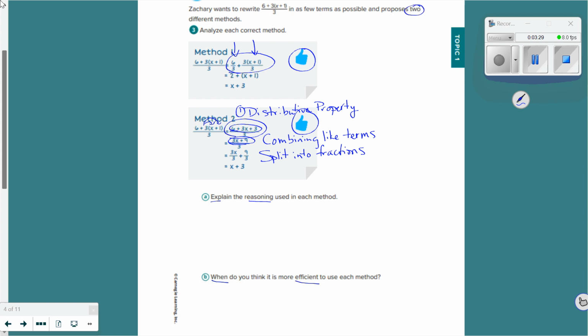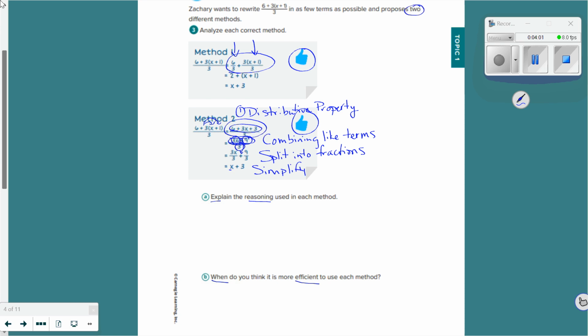He took that 3 that they're both being divided by, and he divided each term by 3 individually, and just kept the plus sign, which came straight down. Then he was able to say 3x divided by 3, well, 3 divided by 3 is 1, 1 times x. 9 divided by 3 is 3.